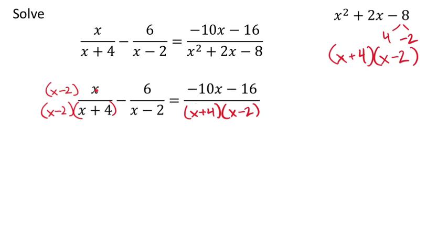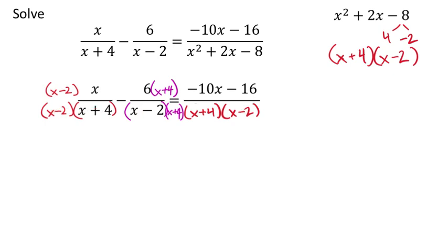It's just a different side. Continuing this, now I've got this x minus 2. It's missing an x plus 4 in the denominator, so I've got to multiply this by x plus 4. Sorry, it's kind of cluttered there, but I've got to do it in the numerator as well. So every denominator has an x minus 2 times x plus 4 now.